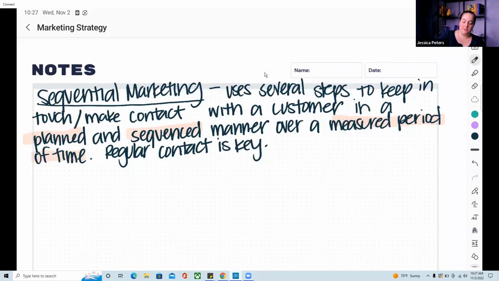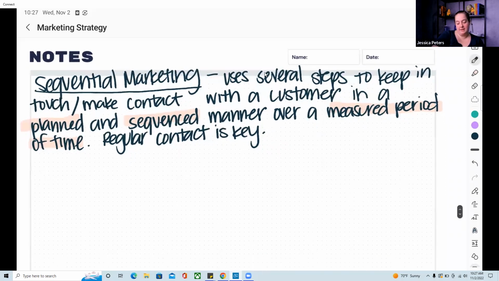All right, we have two that we're going to talk about today: bulk sequential marketing and niche sequential marketing. We're going to talk about bulk first. I'm going to give a definition for that, and then we'll draw out a little diagram.